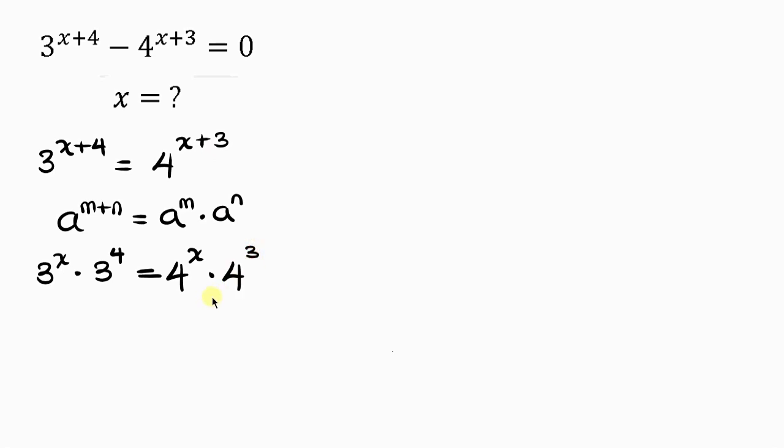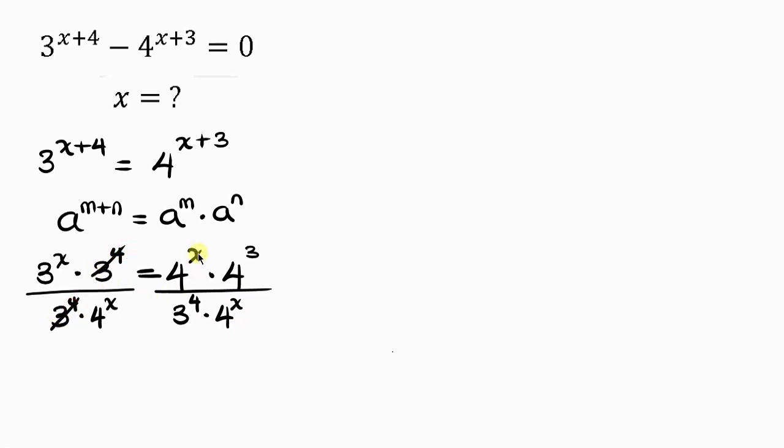Very good. Well, our next step will be for us to divide both sides by 3^4 times 4^x. So I'll divide the left-hand side by 3^4 times 4^x, and I'll divide the right-hand side by 3^4 times 4^x. Now 3^4 will cancel out 3^4 from the left.